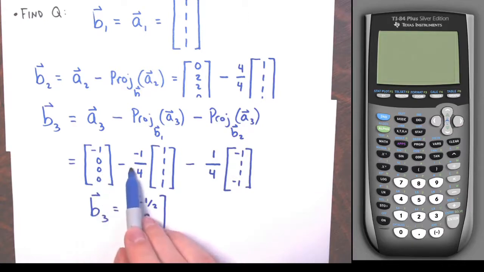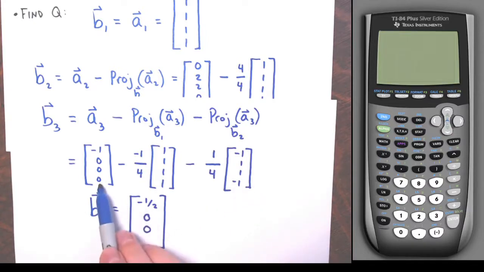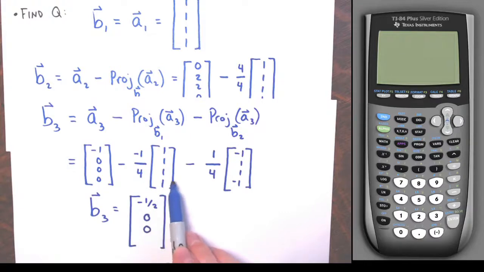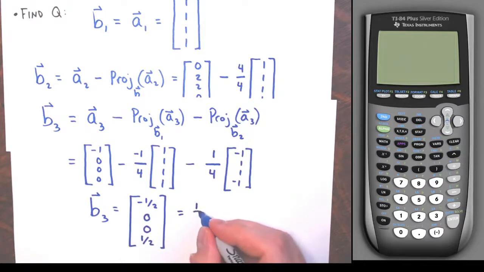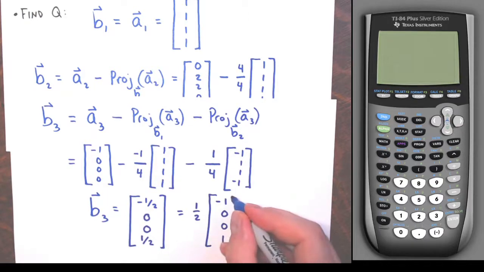Then 0 plus a fourth minus a fourth again, so 0 again. And then 0 plus 1/4 plus another fourth. That's 2/4, that's 1/2. And if you'd like, I'll pull the half out of this. This is half of the vector negative 1, 0, 0, 1.